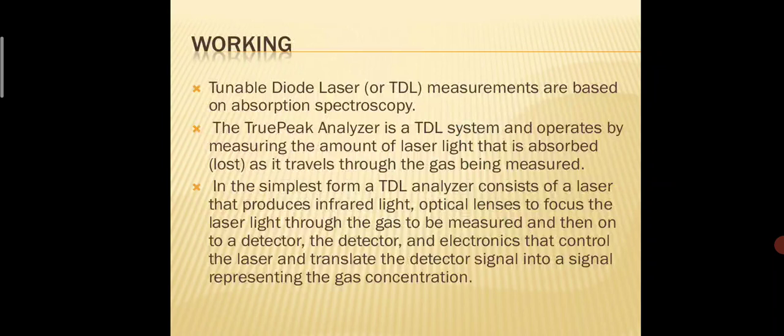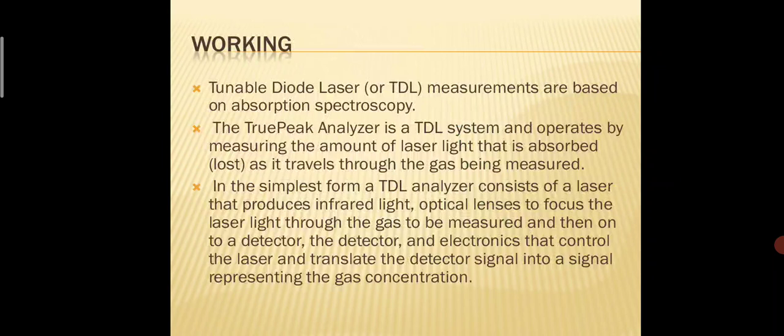The simplest form of TDL analyzers consists of a laser that produces infrared light, optical lenses to focus the laser light through the gas to be measured, and then the detector and electronics that control the laser and translate the detector signal into the signal representing the gas concentration.